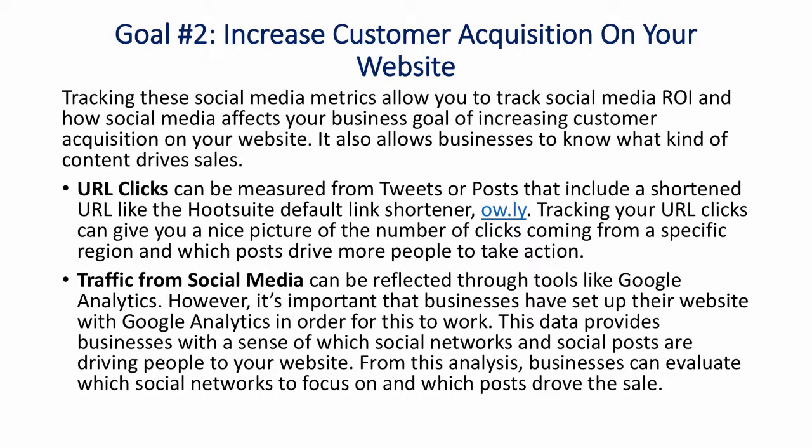This could be local. It could be really worldwide, depending on what your business is. So it allows you to get a picture of the number of clicks coming from a specific region, and also tells you which posts drive more people to take action. So there's a lot of good information there.